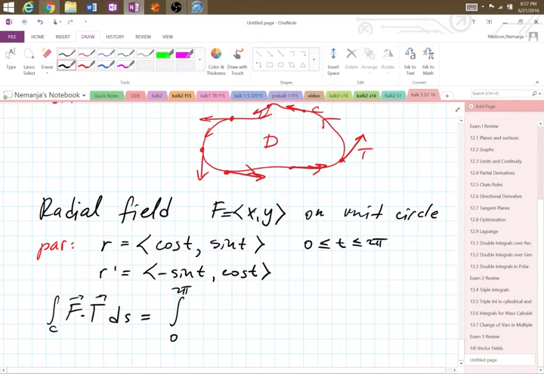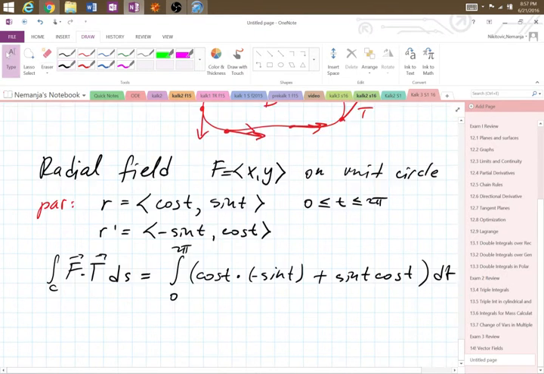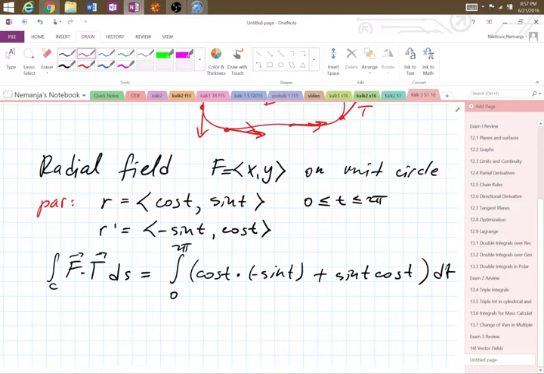So x is cosine t times negative sine t plus, because it's the dot product, y is sine t times the cosine t, everything dt. But you can see the thing over there is 0 because you have negative sine t cosine t plus sine t cosine t.